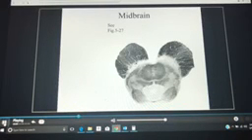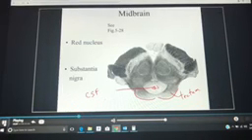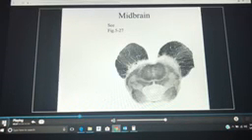I would say at this level, this would be the superior colliculi. And as you go further down, here's the inferior colliculi. And again, I'm outlining the crus cerebri, where you have your descending tracts. Here you have the substantia nigra.